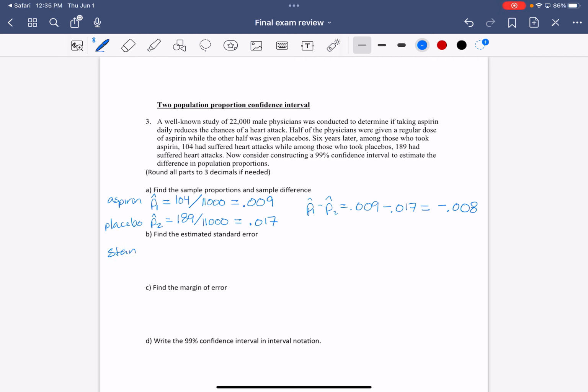So we are told that the standard error is the square root of P1 hat times 1 minus P1 hat all over n sub 1 plus P2 hat times 1 minus P2 hat all over n sub 2.